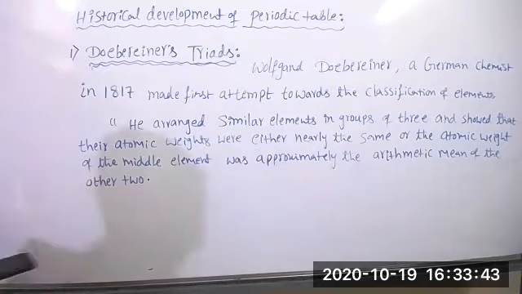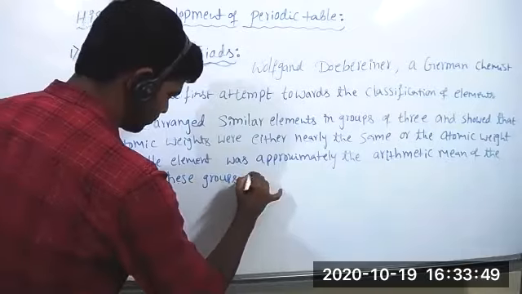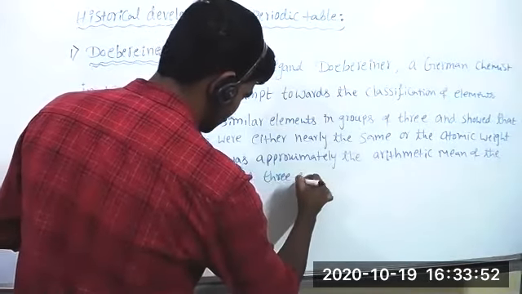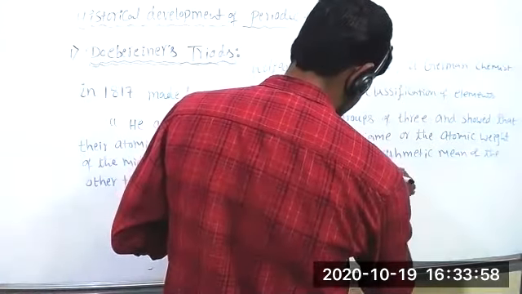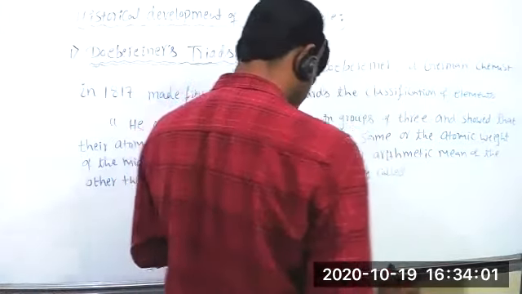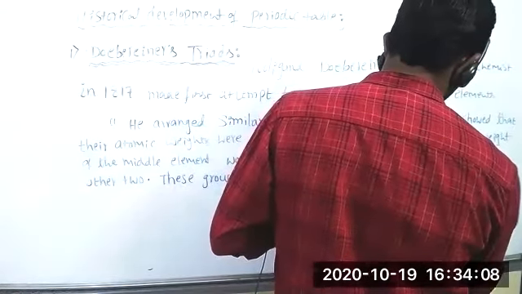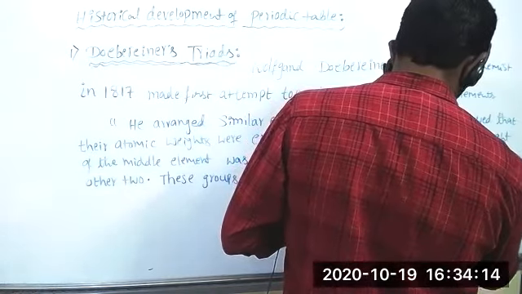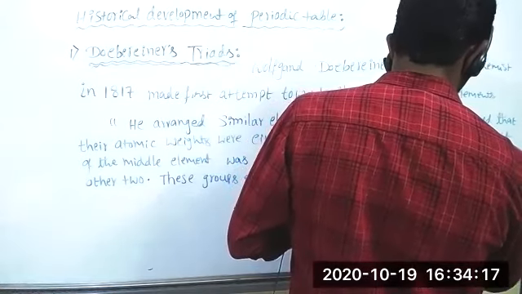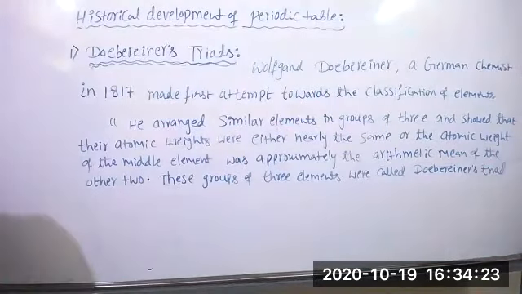These groups of 3 elements were called Dobereiner triads, and this generalization was called the law of triads.